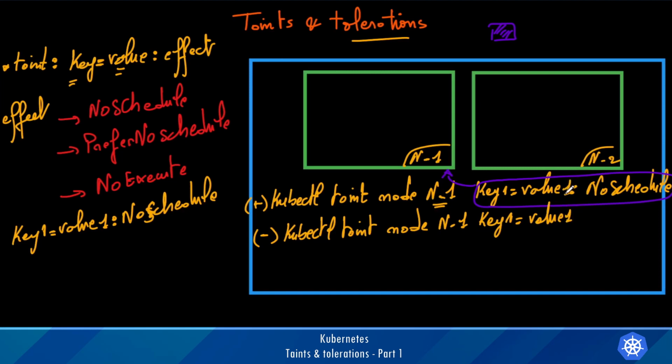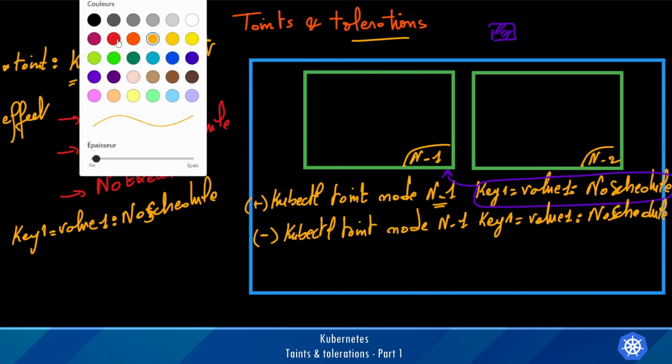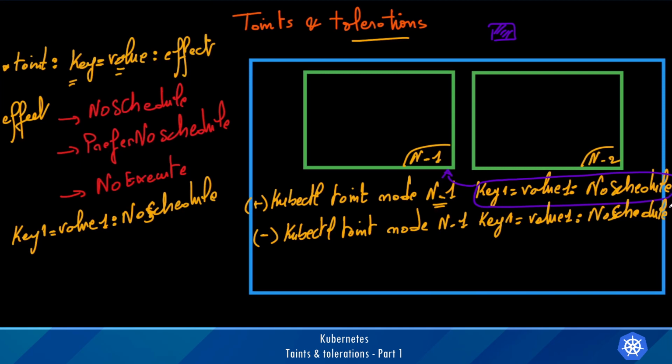So here we have key1=value1, and we have to specify the effect, which is NoSchedule. And finally, we add a minus sign after the effect. So using this command, we will remove this taint from this node.